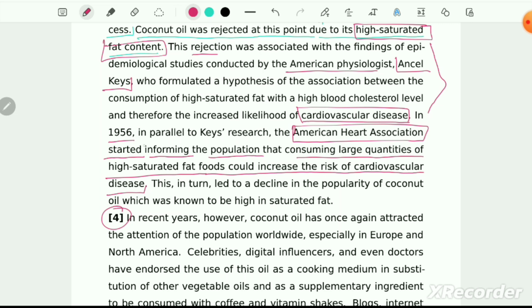They just urged the population to refrain from consuming large quantities of high saturated fat foods. This in turn led to a decline in the popularity of coconut oil, which was known to be high in saturated fat. So this announcement of the American Heart Association influenced the population. Therefore, the population started consuming coconut oil less than before.